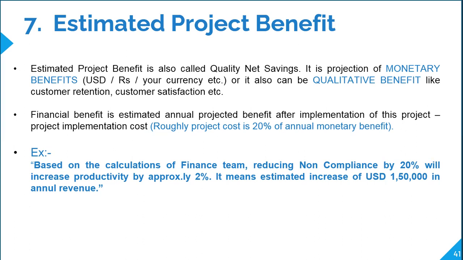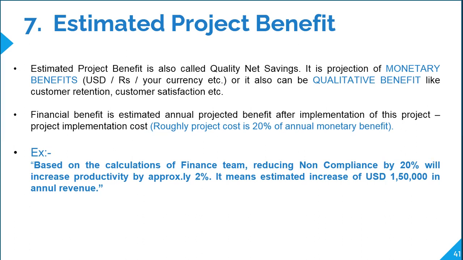So if that cost of efforts would be say $200, then $1,000 is your annual benefit minus $200, which is your efforts cost. So the rest is $800. The annual estimated or projected benefit of this given project is $800. Your finance team will approve this. This is your estimated project benefit.